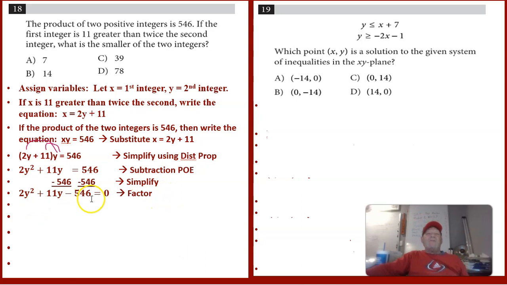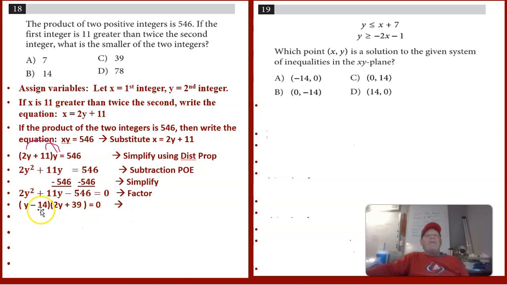Now I'm going to factor this. Now there's two ways that you could do this. You could factor it. There's more than two, but the two simple ways are factoring or using the quadratic formula. So when I factor this, I get y minus 14 times 2y plus 39 equaling 0.